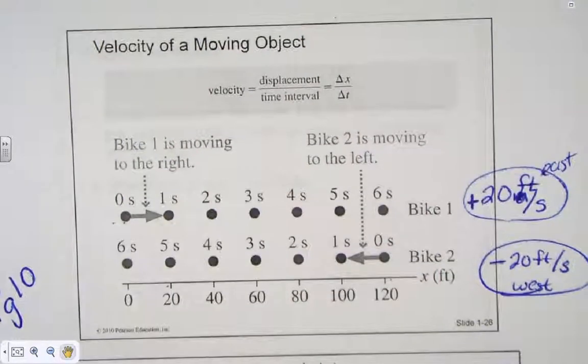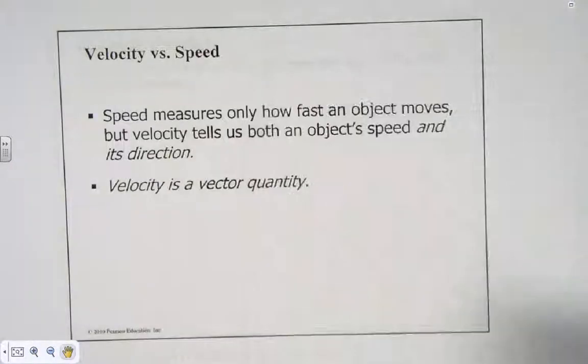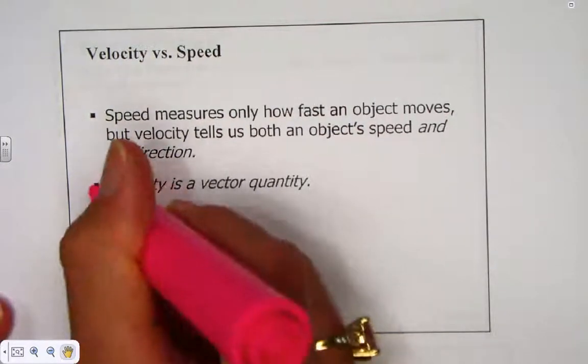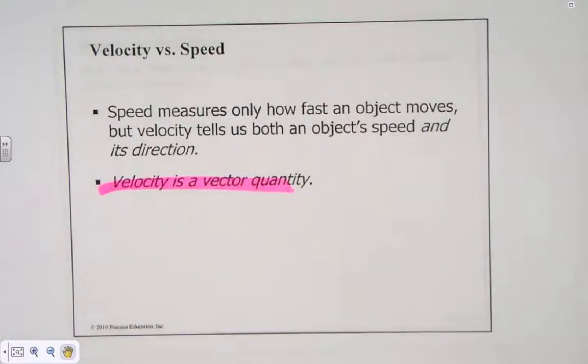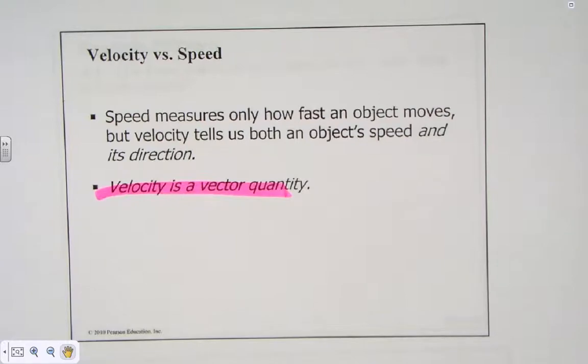Here's an important statement in our text, highlighted in bold-faced terms. Speed measures only how fast an object moves, but the velocity tells us both an object's speed and its direction. I could emphasize that by saying that's what a vector quantity is all about. The direction is included to turn the speed into a velocity.